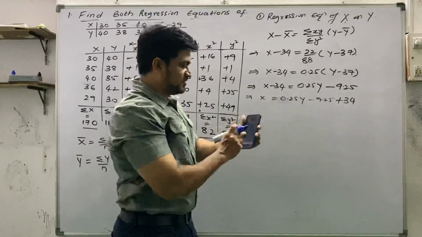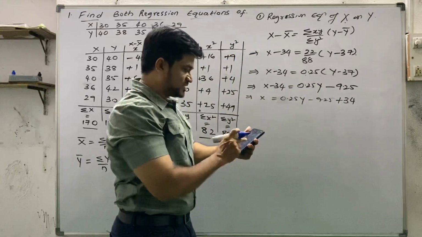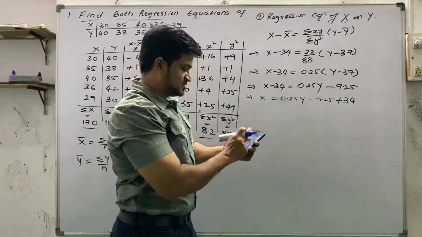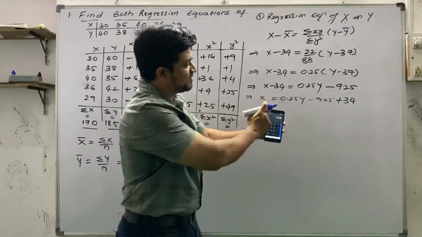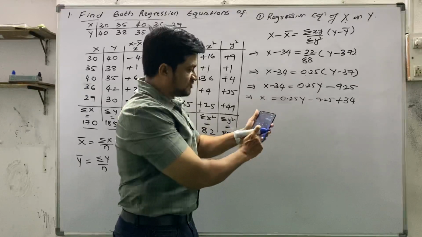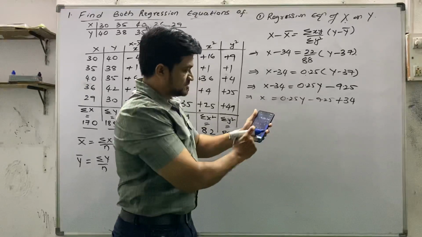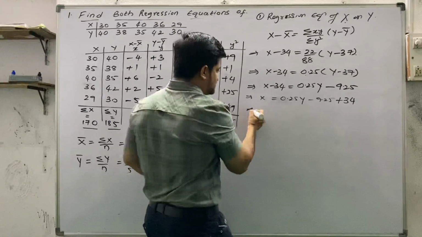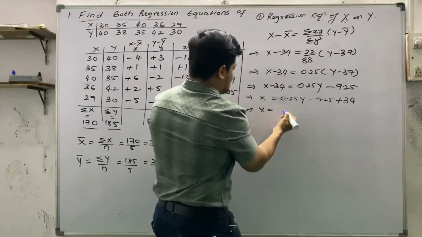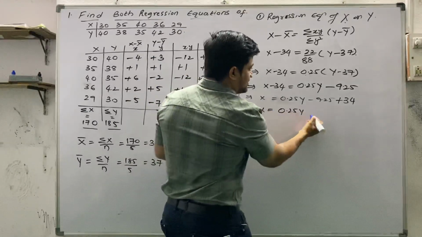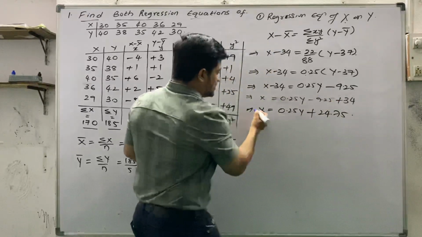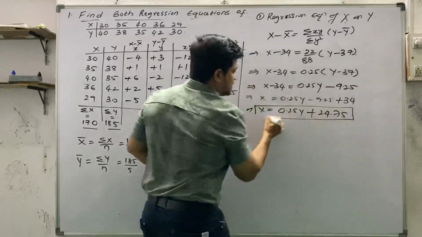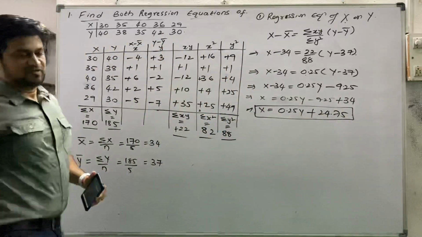So already whatever value you got, apply minus sign to it. Minus 9.25, type minus sign, then 9.25, then plus 34, which is 24.75. x equals 0.25y plus 24.75.